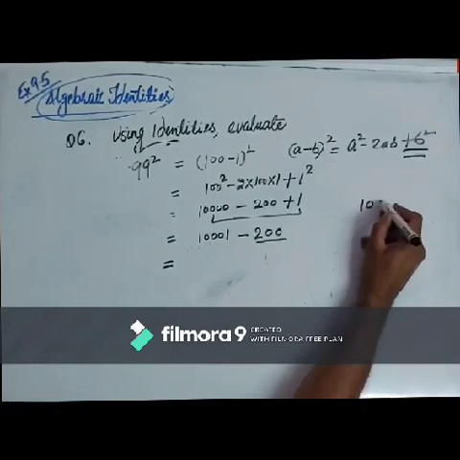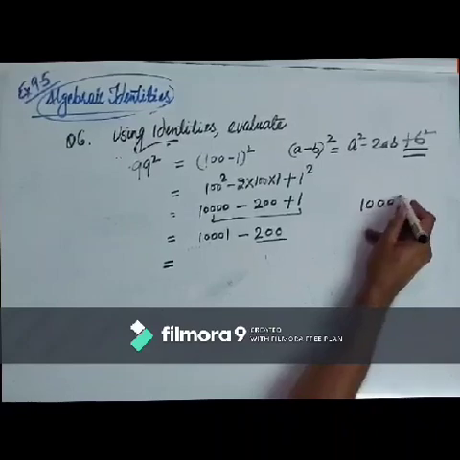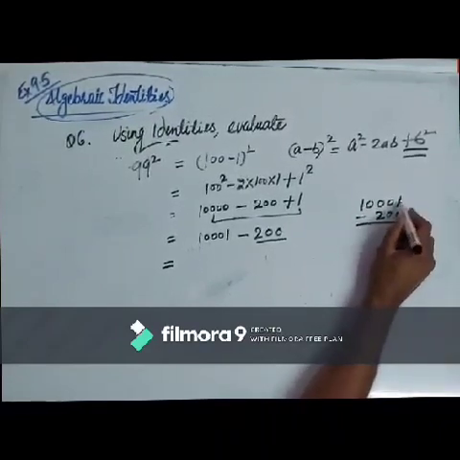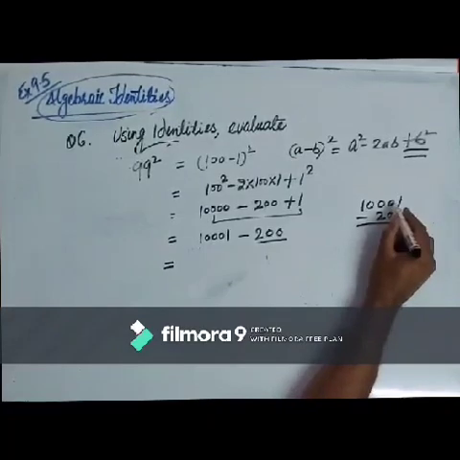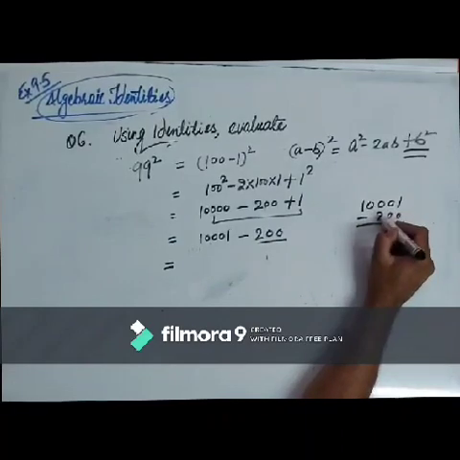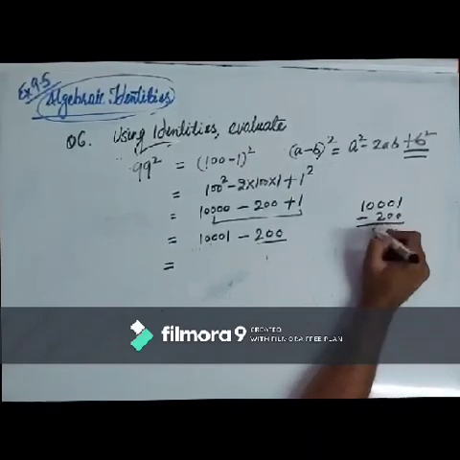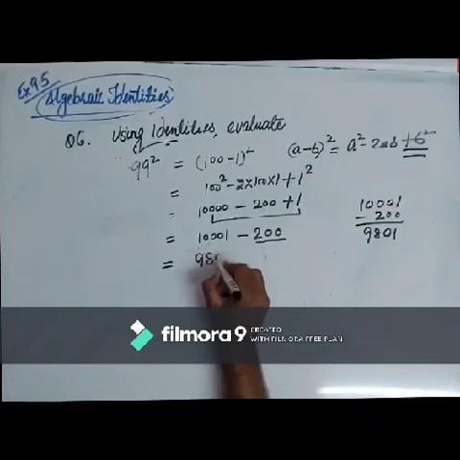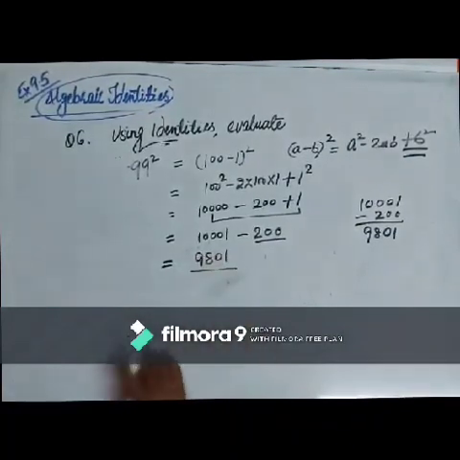Just do it: 001 minus 200, this is 1, 10, this is 0, this is 10 to 8, this is 9. So all you have is 9801.